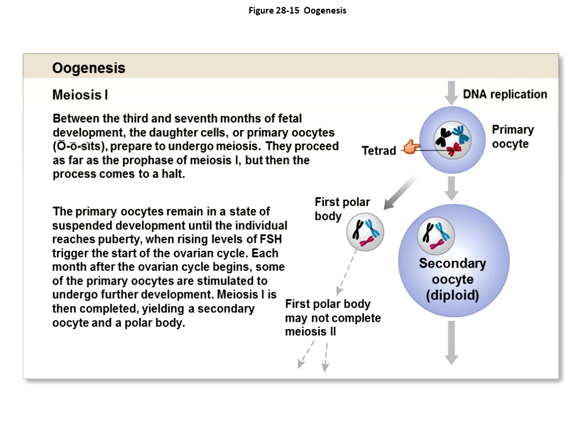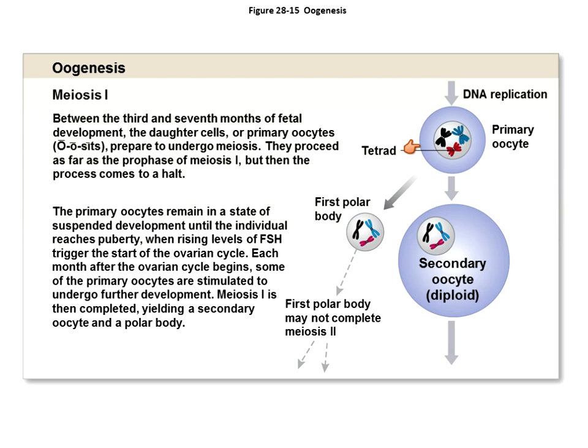And remember, this is the beginning of it. We started meiosis during fetal development, prior to pregnancy, prior to being born. Each month after the ovarian cycle begins, some of the primary oocytes are stimulated to go further in development.